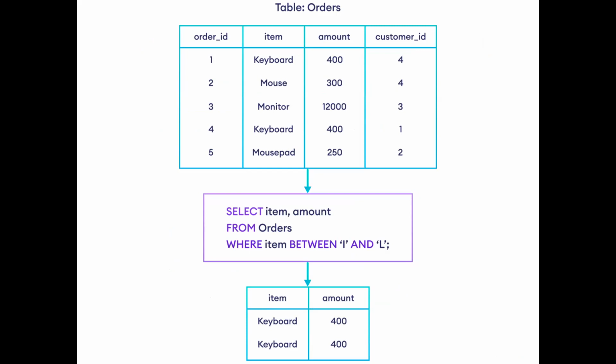Okay, which means between I and L alphabetically. Let us go alphabetically: A, B, C, D, E, F up to the last one. Between I, J, K, L, M, N. Okay, between I, J, K, L, which means anything that has a letter J and K will be displayed.